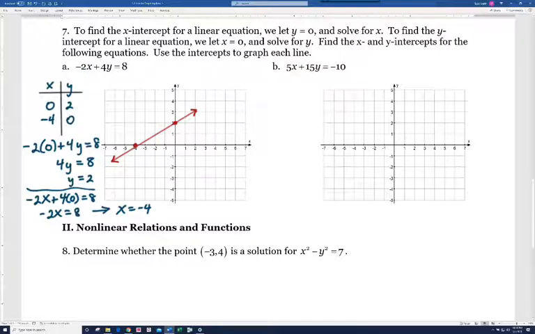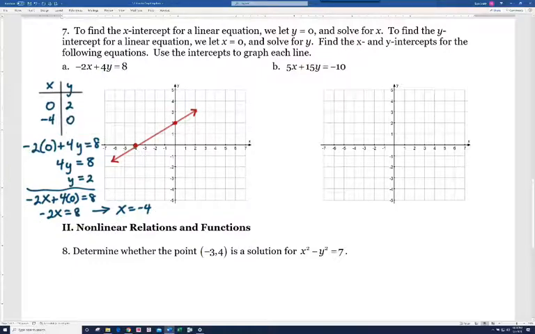And if you let y be 0, 4 times 0 is 0, and this term cancels out. 0 plus anything doesn't change what's there. And so you can see that negative 2 times negative 4 would give you 8, so that gives us the other point. So for me, this work here is kind of optional depending on how comfortable you are finding the points.